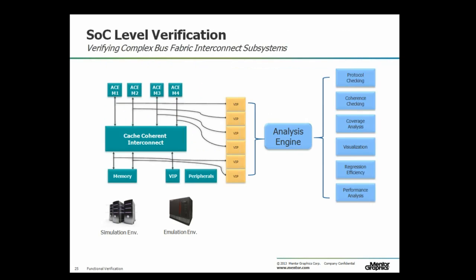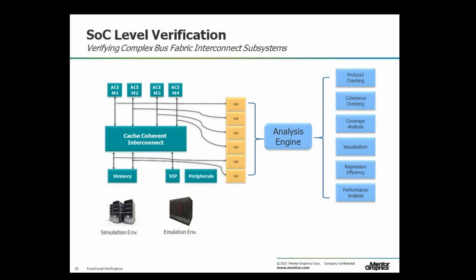Now, I'll give you a little bit of a sneak preview here with this slide. This is something that we're working on in that entrepreneurial area of new technology, where we're developing new verification IP in the area of cache coherent interconnect.